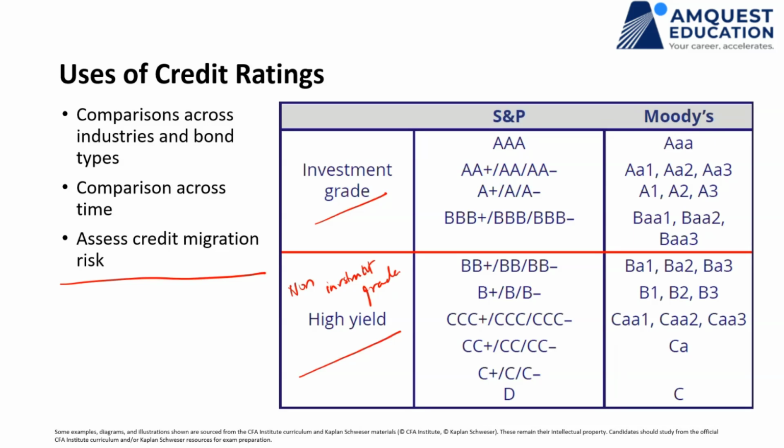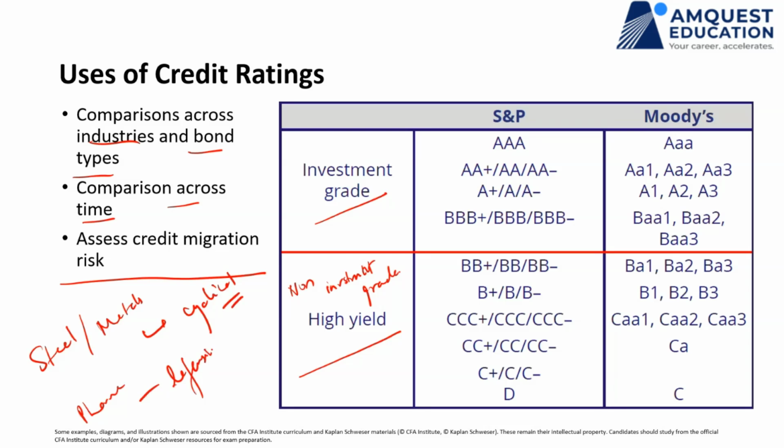The comparison of rating happens across bond types, industries, and across the time. As we said, some industries are more risky, like steel, metals, because these are cyclical sectors. They are more impacted by economic cycles versus other sectors like pharma, which are more defensive sectors. They don't get impacted by economic cycles a lot.